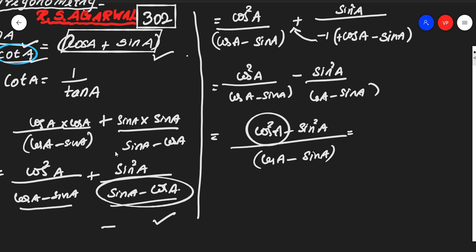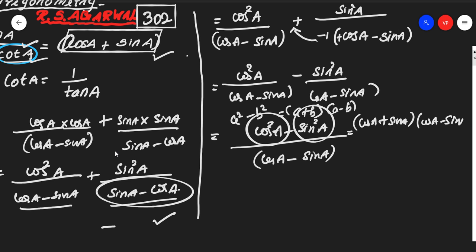Take this as a square and this as b square. a square minus b square, how will you write? a plus b, a minus b. So cos A plus sin A, cos A minus sin A, and the denominator is cos A minus sin A. Now you can cancel this.